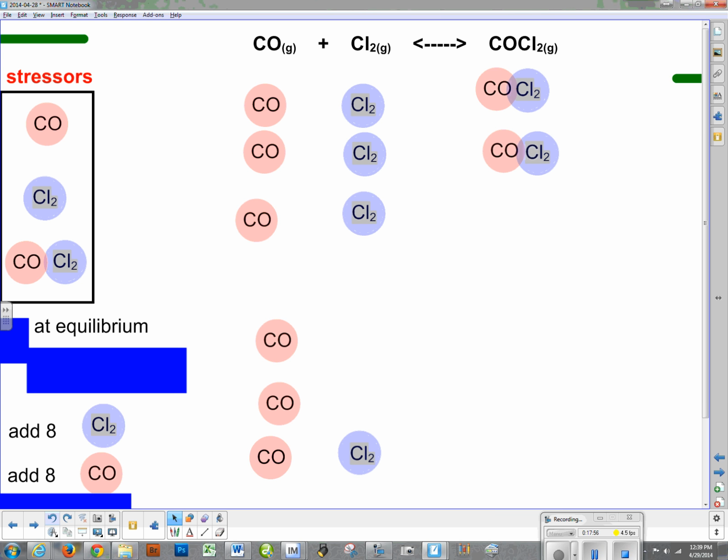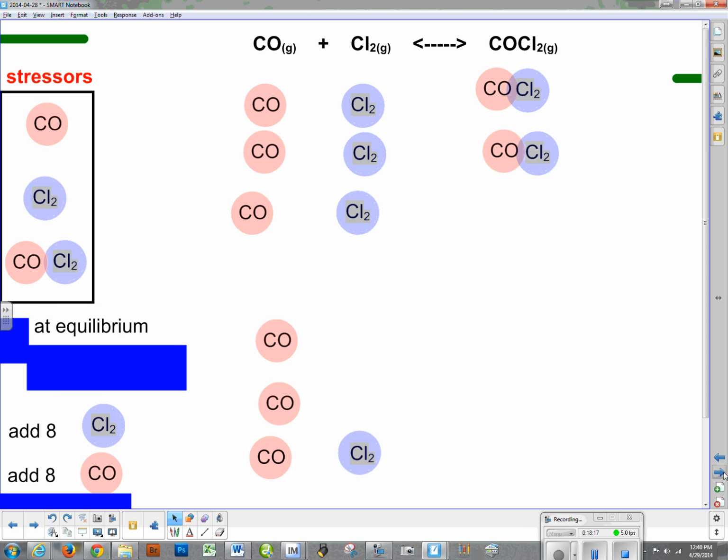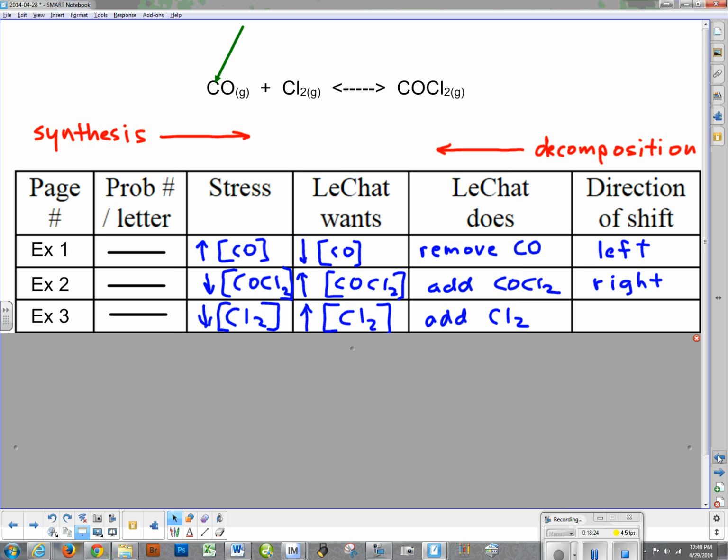When we were back over here, and these guys were together, that was at equilibrium. When we did this and took them apart, we went ahead and reestablished a new equilibrium, different than what we had before. And so what did we do?